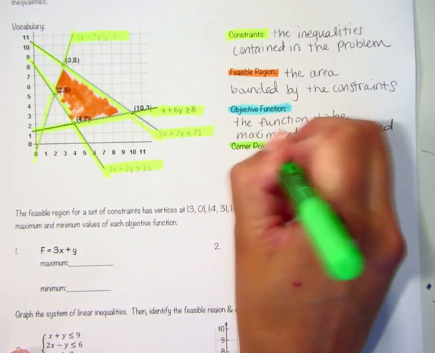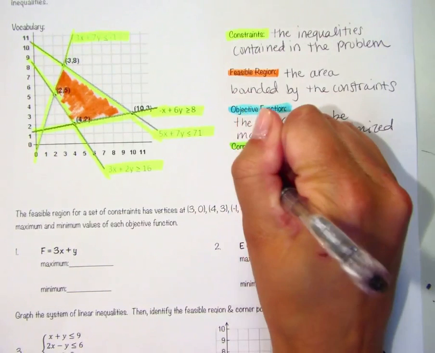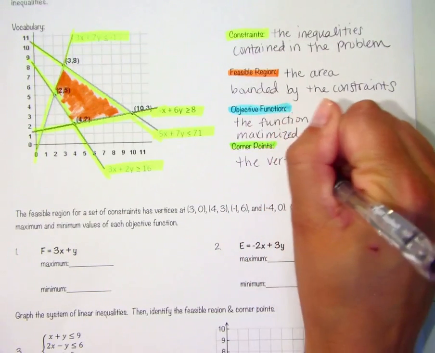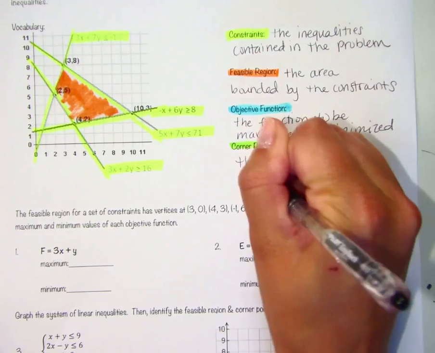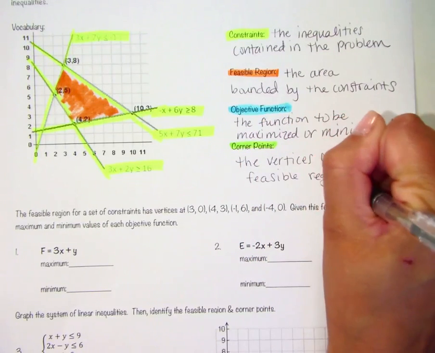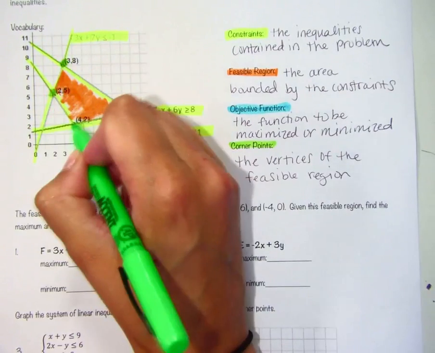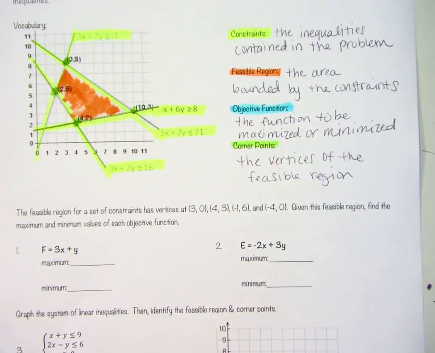And then finally, what we call the corner points. These are just the vertices of the feasible region. They are exactly what they sound like. They are the corners, in this case, of that quadrilateral.